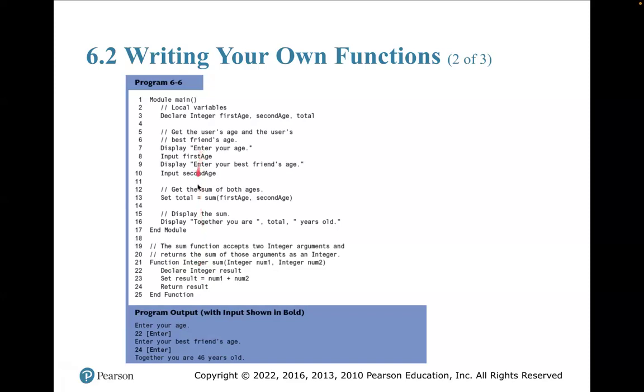So anytime you call that method, we're calling it here on set total, and we're calling the sum function. That sum function is returning a value, and that's on the right side of our assignment statement. So then we assign the return value of that method to this total variable name. So total must be an integer data type and must match the return type of the method in order to be syntactically valid.